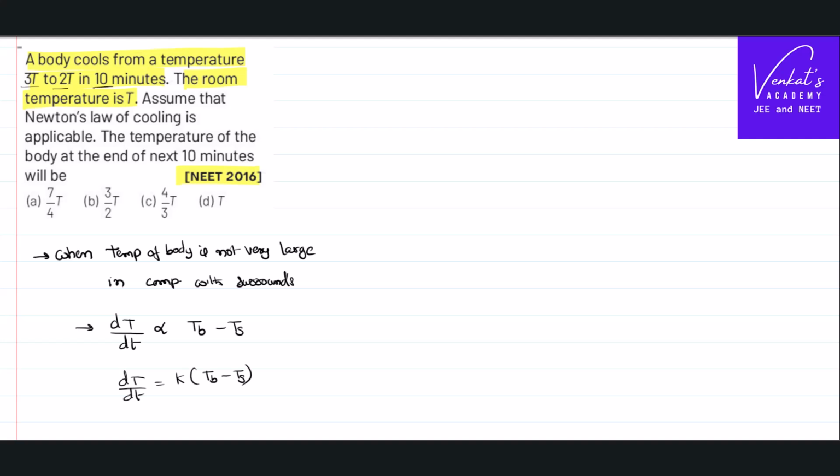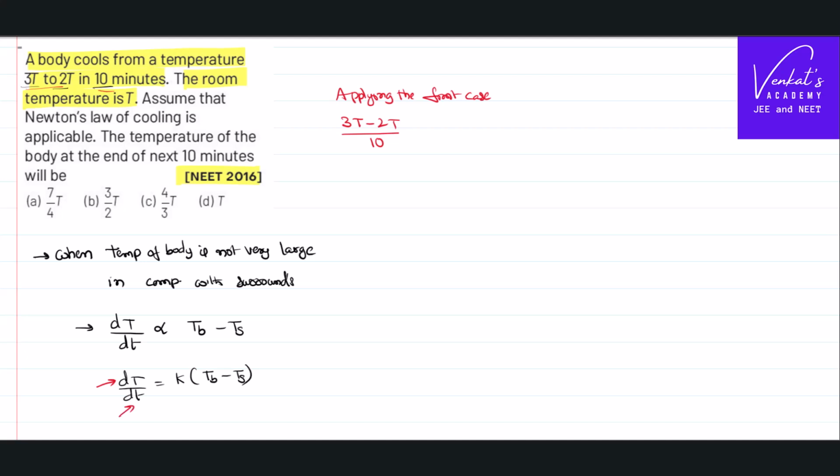Let's apply that in the first case. The change in temperature is from 3T to 2T, so it is 3T minus 2T in a time of 10 minutes.